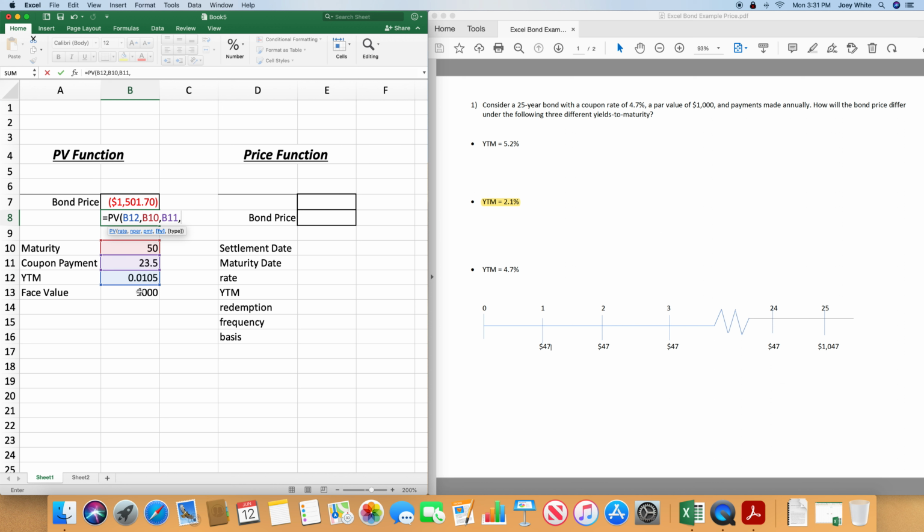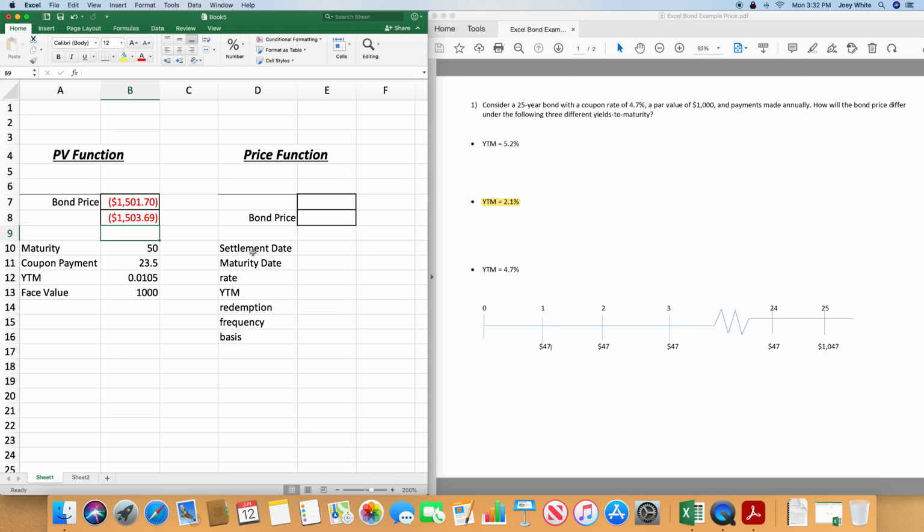Future value is 1,000, comma, and then of course 0 for type, and we get a slightly higher bond price, but by and large it's the same. So it increases the price a little bit, and that's only because the first payment comes sooner with the semi-annual than it does with an annual. So that's how to find the price of the bond with the PV function.